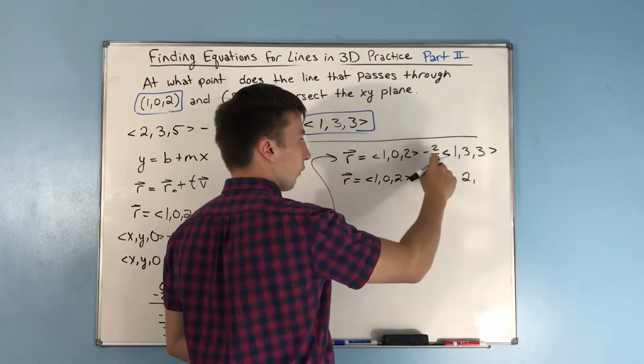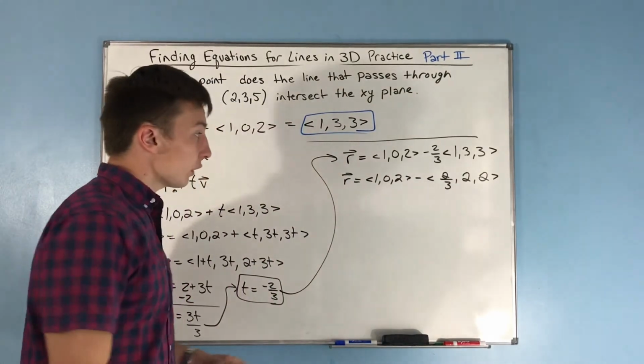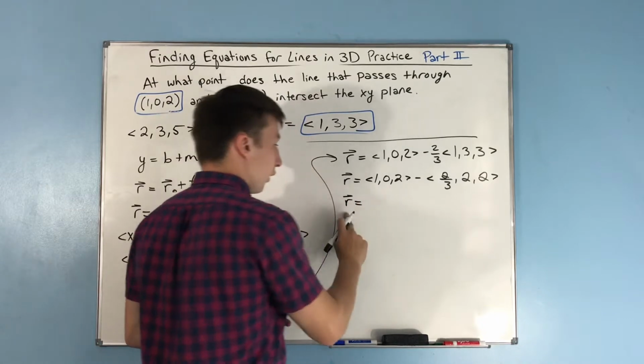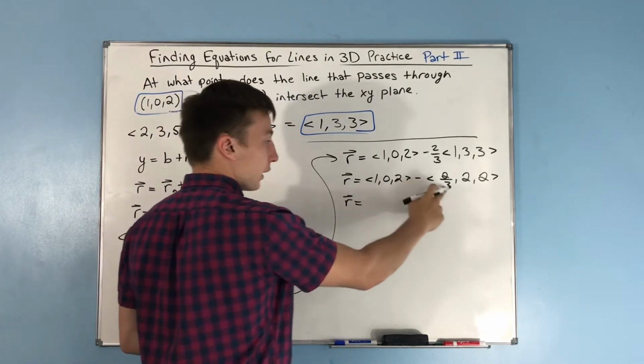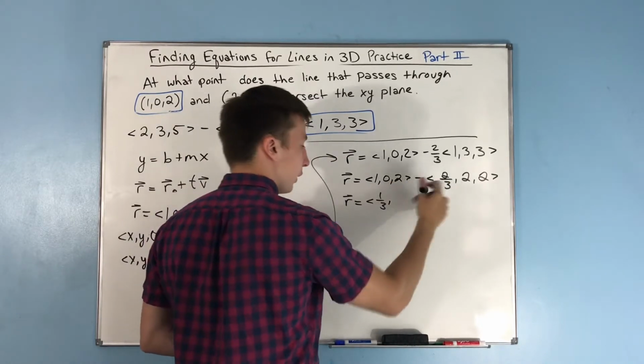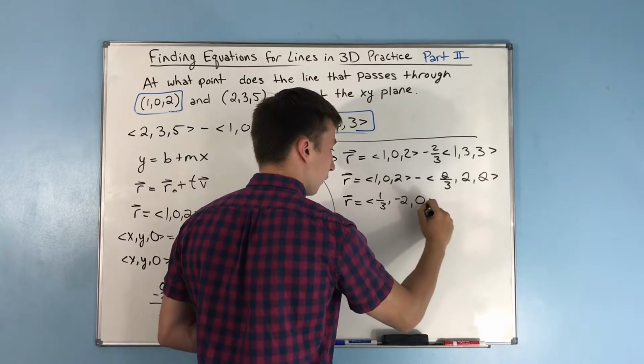And then we get 2 over 3 times 3 again, going to be 2. So let's start doing this out. Vector r is equal to, we have a 1 minus 2/3 there. That's 1/3. 0 minus 2 is negative 2. And we have a 2 minus 2 is 0.